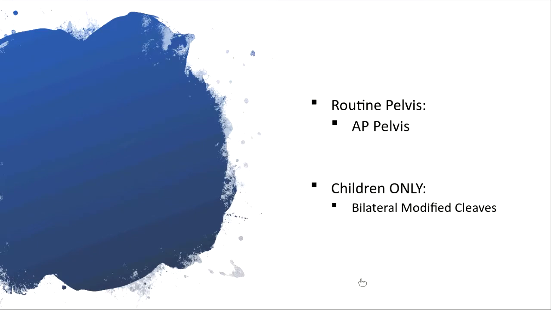And routine pelvis would just be an AP, but we will talk about bilateral laterals called a modified Cleaves, but that is only done on children. So if you look at your cheat sheet, you'll see where it says pelvis, and it says an AP of the pelvis, and then underneath it says bilateral modified Cleaves done only on children.